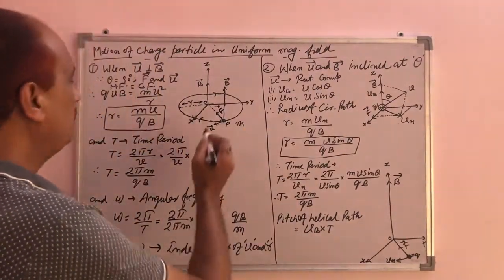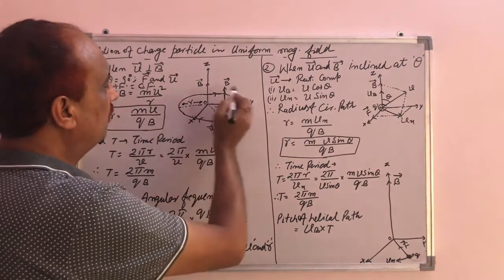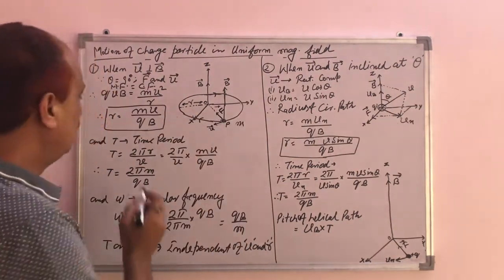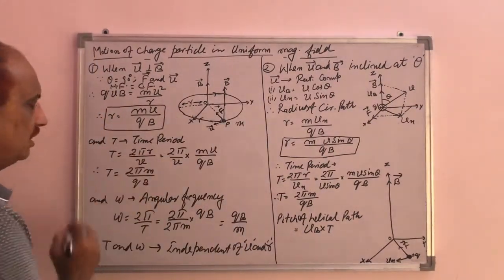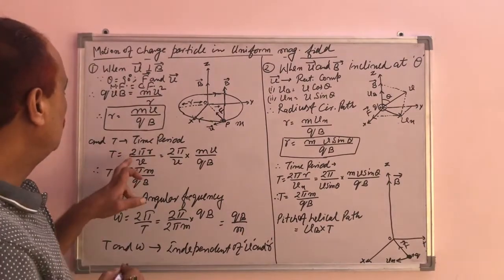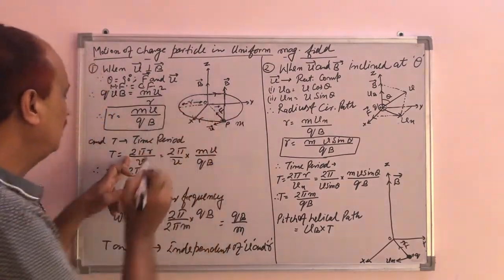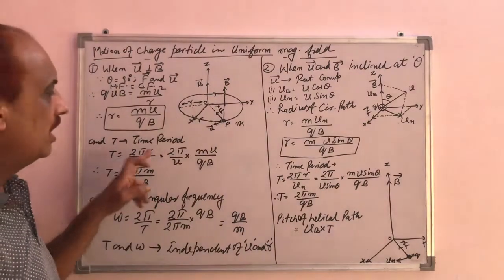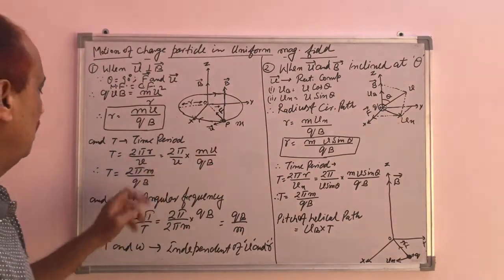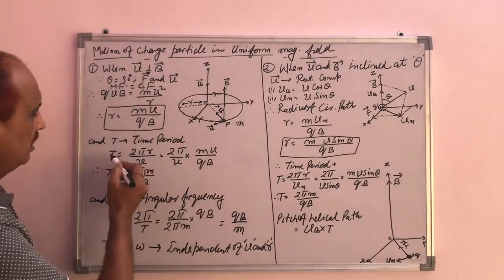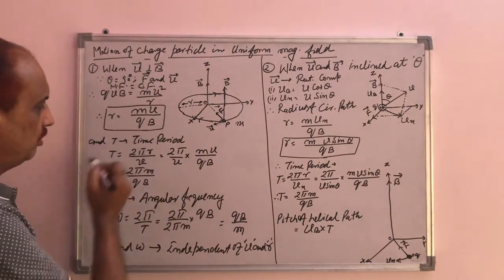Next, what is the time taken to complete one revolution? That is known as the time period, capital T. Capital T equals the total distance traveled in one revolution, which is the circumference of the circle, 2 pi r, divided by the velocity. So distance divided by velocity equals time, so T equals 2 pi r upon v.